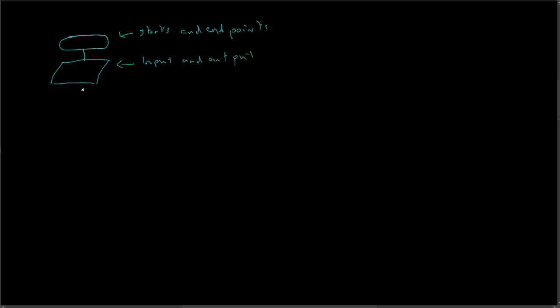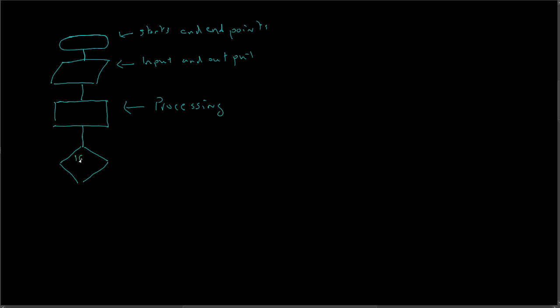Get that shape. And you connect them with a line. Processing gets a rectangular shape. So that's processing. And a logical decision gets a diamond shape.